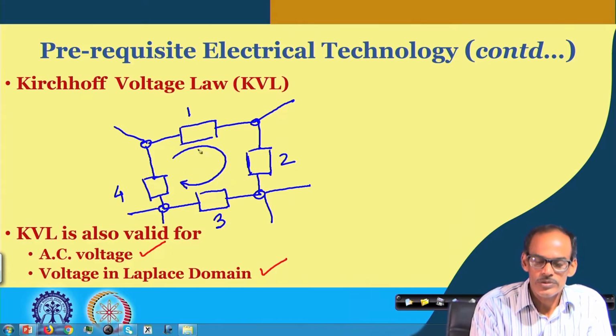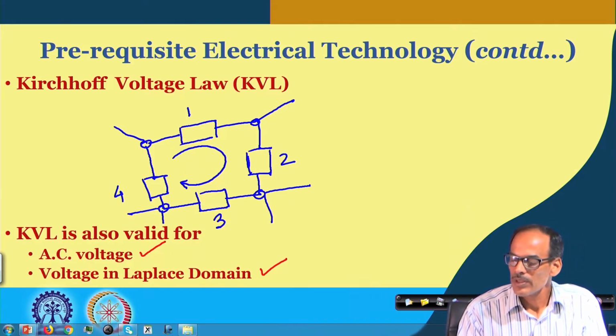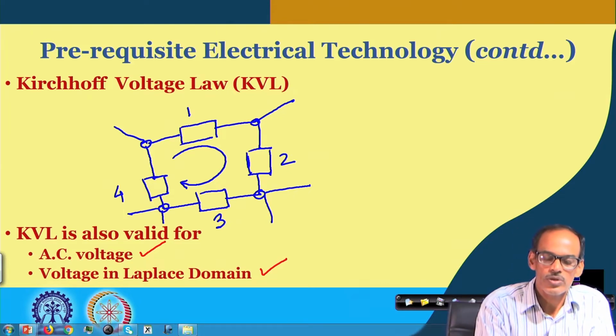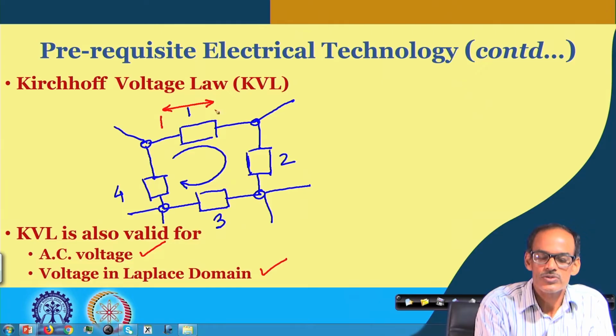Then, through this loop, you can capture or count the potential drop across each of these elements. Starting from this node, if the potential difference from node 1 to node 2 is V 1, here it is V 1 from negative to positive.